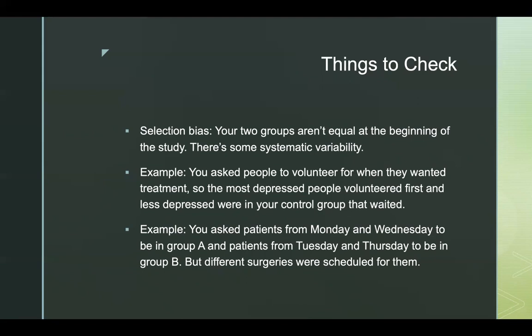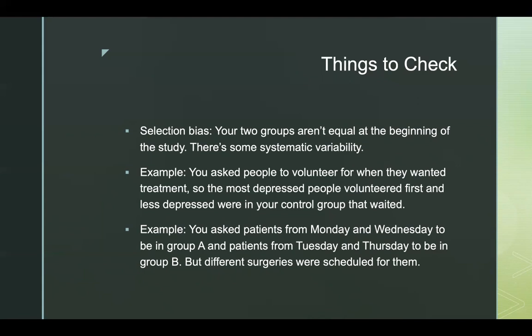Or this is actually an example from real life. I worked with a researcher who set up a study where she recruited patients from the Monday and Wednesday surgeries to be in group 1, and the patients who were in the Tuesday, Thursday surgeries were going to be in group 2, which might have been okay if they ran the same surgeries on all of those days.